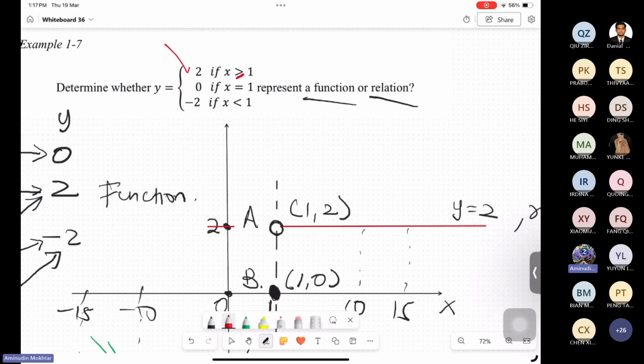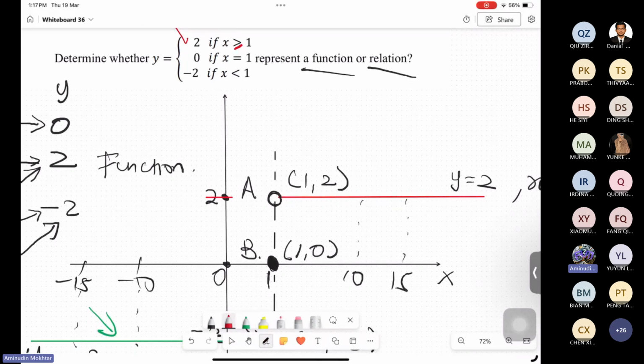So for this example only, the first structure of the equation is now changed to y equals 2 if x is equal to or greater than 1. So the value of y exists at point A. Now I need to draw the black point at point A, because the value of y exists at this point when x equals 1.